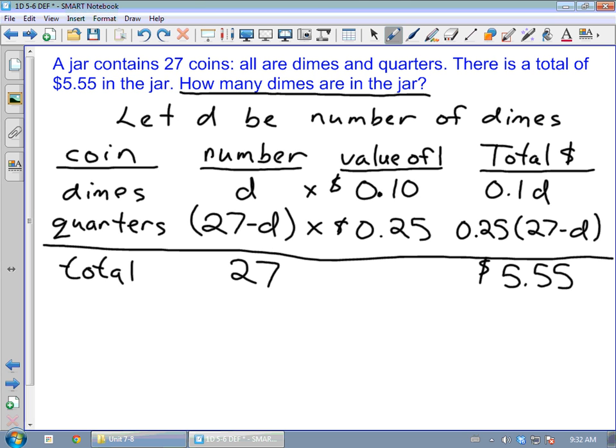This last column here gives me my equation. I know that if I take 0.1 D and I add it to 0.25 times 27 minus D, so the value of my dimes plus the value of my quarters, those have to add up to 5.55.